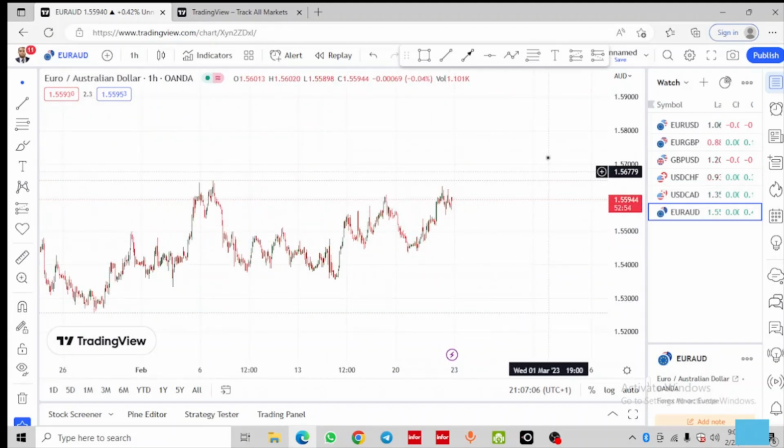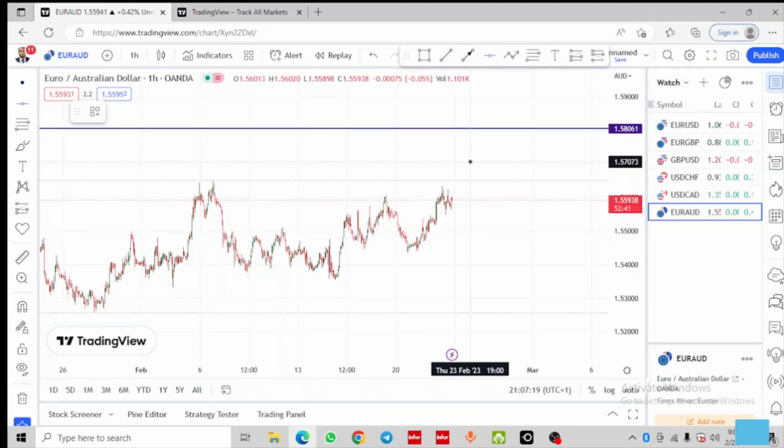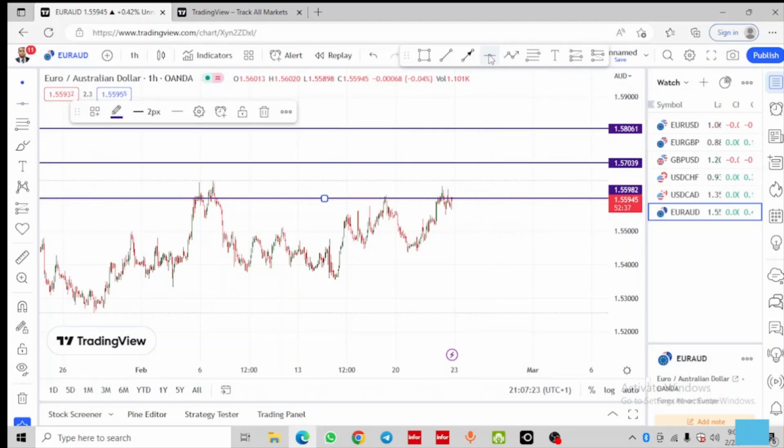So what I usually do, the first thing I do, is plot my support and resistance, also known as the round number, also known as a zone. So how do you do that? You just pick, and remember, the reason for drawing this line is the market moves by 50 to 100 pips.